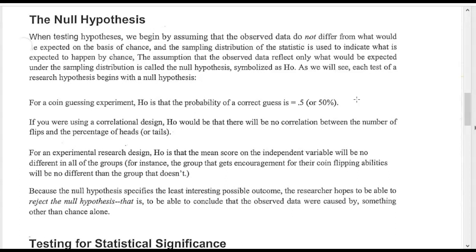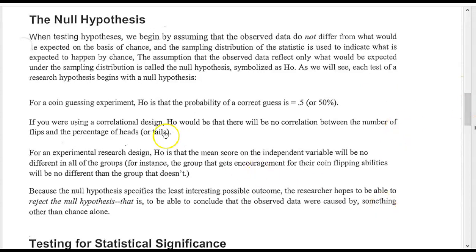Sure, I could think of a couple of examples. Maybe a new generic medicine is made, and you're assuming that it will be no different than the one that costs a lot of money. Well, there's an example. But again, those things are unusual. Usually we want to predict that something is newer, better, different, changed.